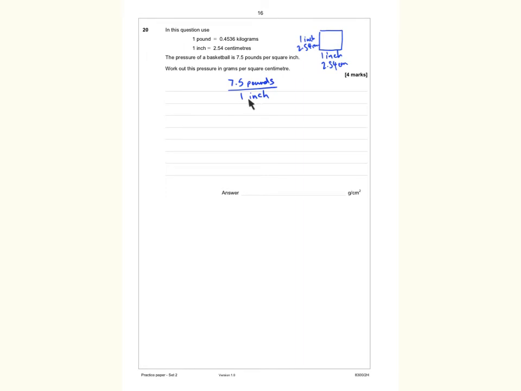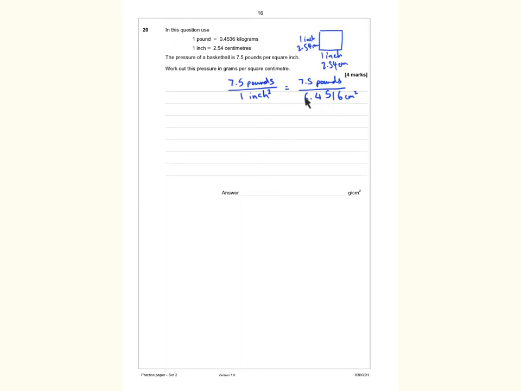So this inch squared, I can change that now, and I can say 7.5 pounds per 6.4516. And this time I've got my unit in centimeters squared. So per square centimeter now.